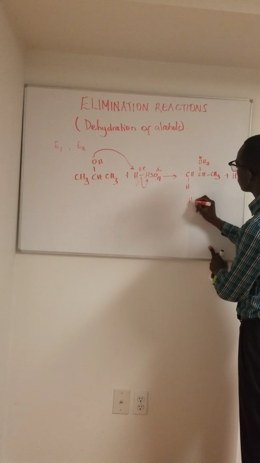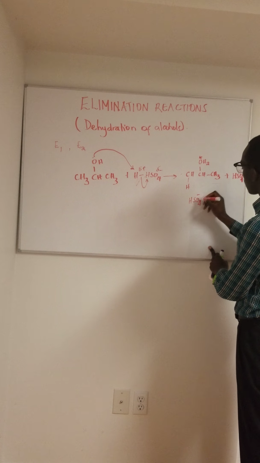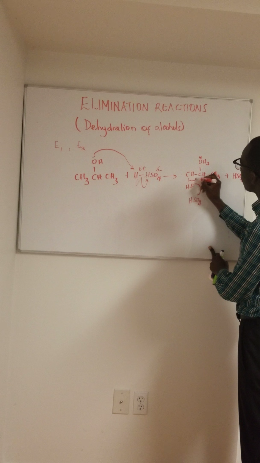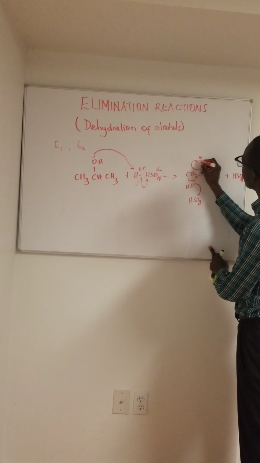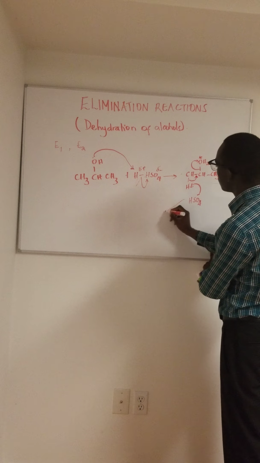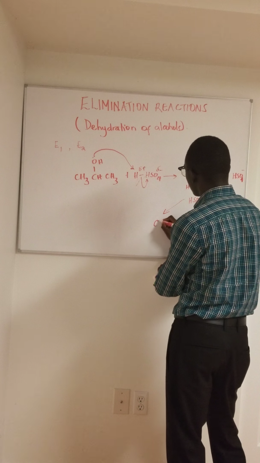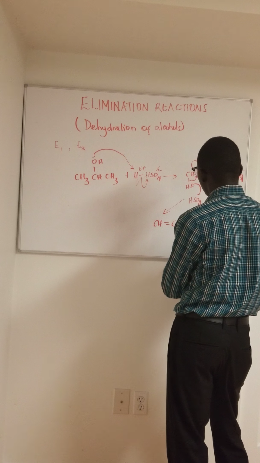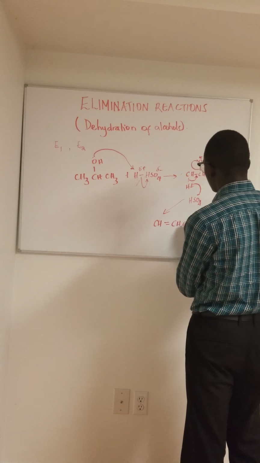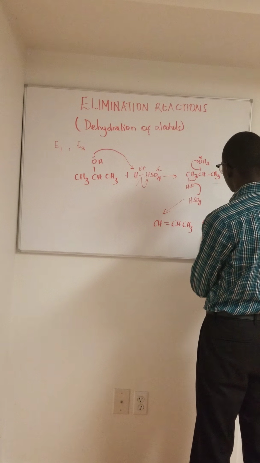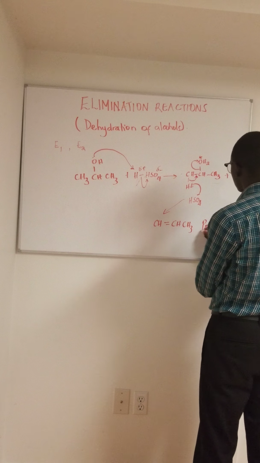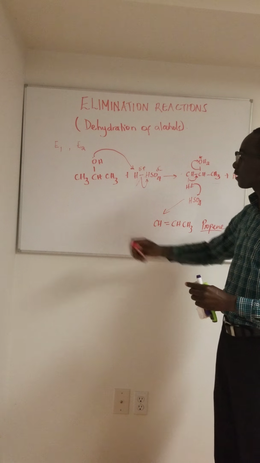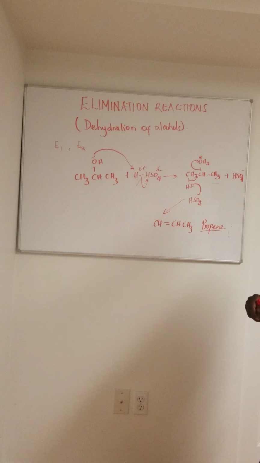If the hydrogen sulfate ion attacks this hydrogen, this bond shifts here, and this water molecule breaks off as a result. Then our final product will be CH double bond CH2 to CH3, which is propene. Propene is our final product from this.